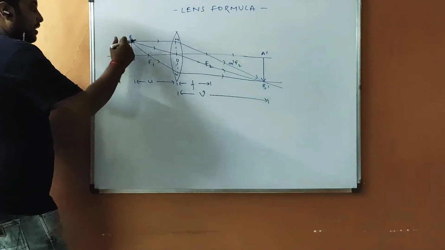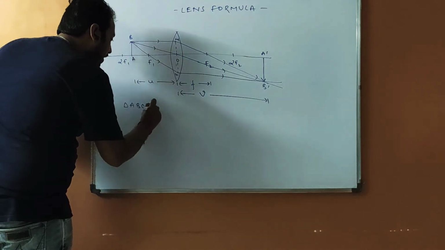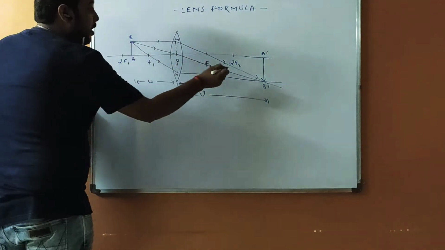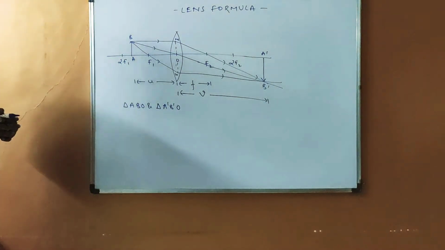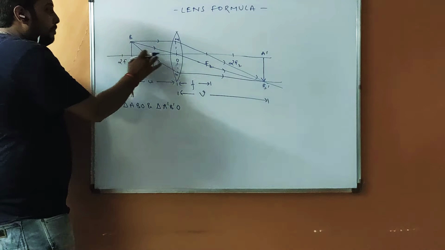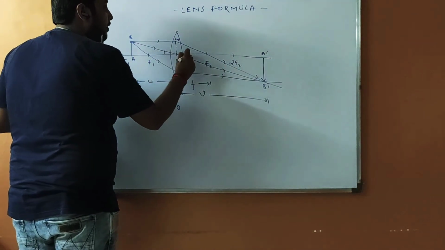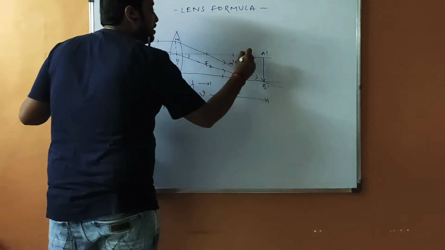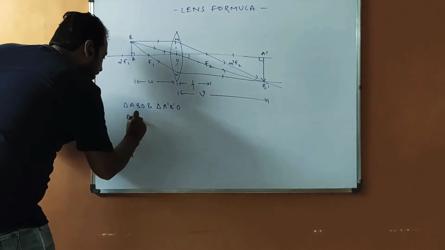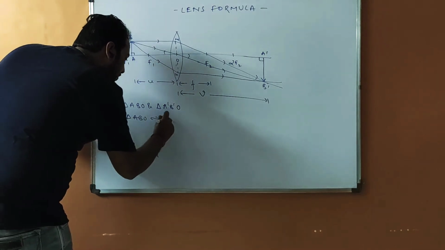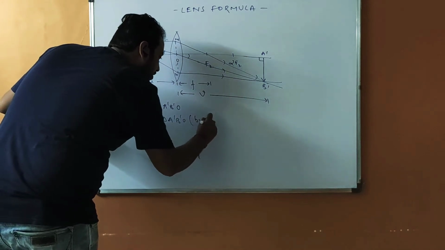Okay, we can take triangle ABO and triangle A dash B dash O. These two are vertically opposite angles. This is 90 degrees, this is 90 degrees. So both are similar. I am writing it here: triangle ABO is similar to triangle A dash B dash O by AA criteria.